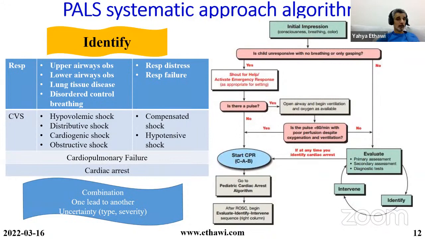Distributive shock is when you have a discrepancy between the heart pushing and what actually reaches the patient. So the heart is actually functioning, but it's not reaching the tissue. That's what we call it. We will talk about it in detail, in boring detail, but this is just a list right now. Okay.